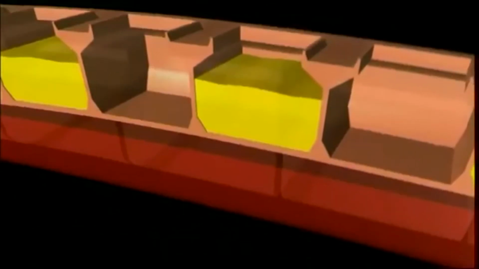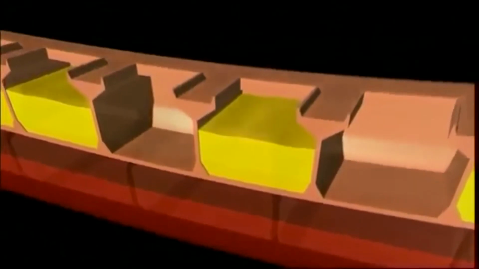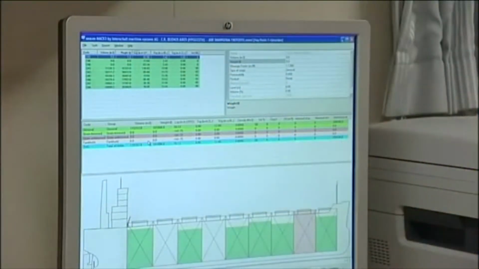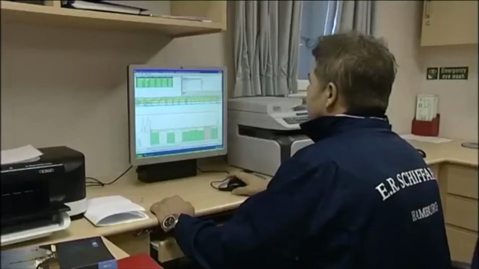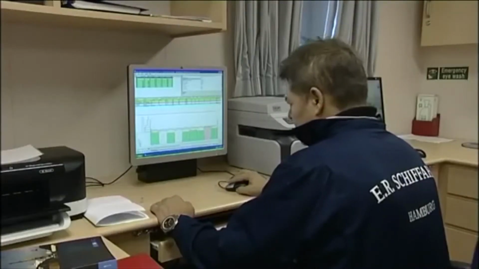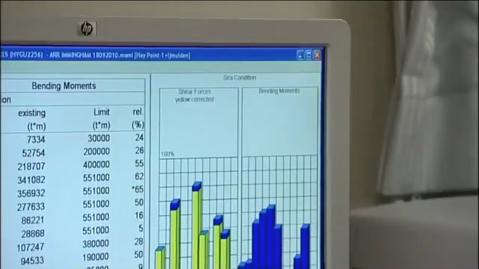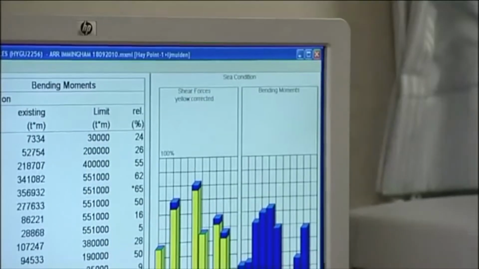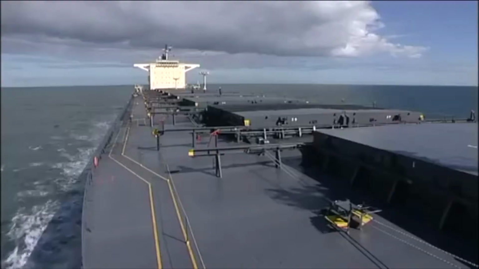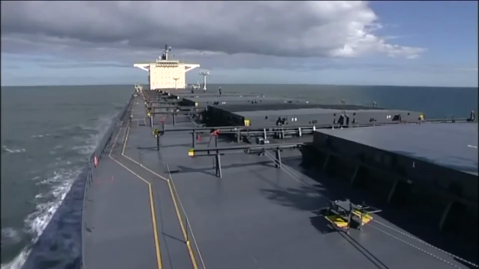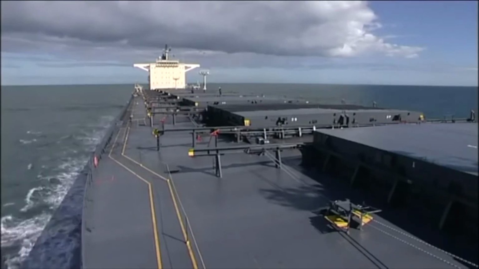If handled with care, the ship's structure is designed to withstand maximum permissible shear forces and bending moments. Shear force and bending moment calculations should always be prepared prior to any cargo handling or ballast water operation. The calculations must be accurate, because if the maximum permissible limits are exceeded, the ship could be at risk of structural failure.